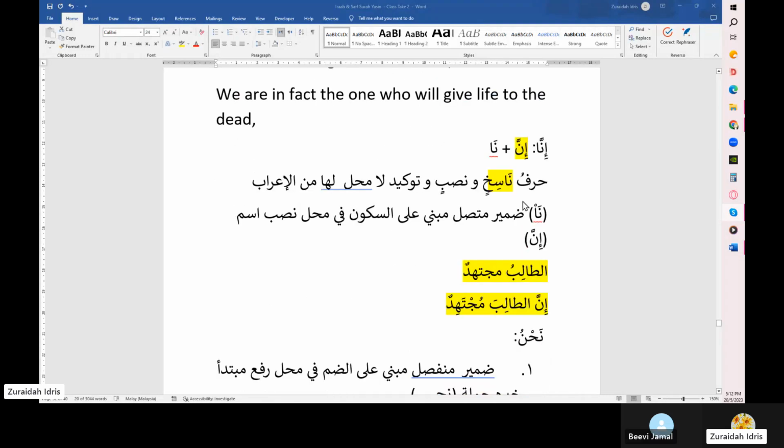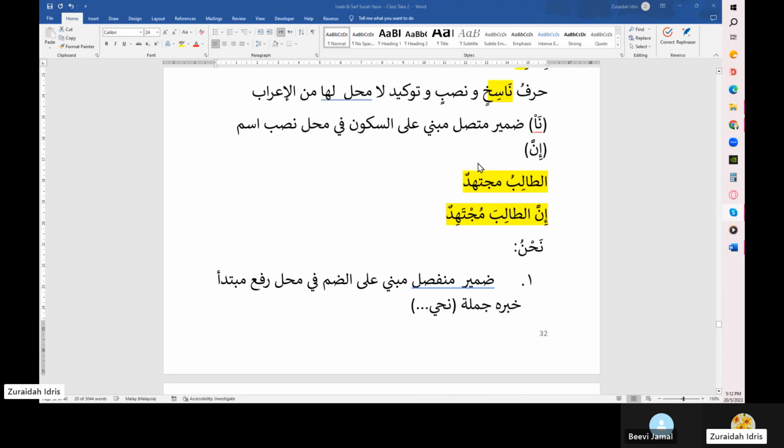So here, just a bit of explanation on huruf nasikh, which is the inna part. I said why it's called nasikh is because when it enters a jumla ismiyah, the inna changes the mubtada that is marfu and makes it into its isim, which is mansub.